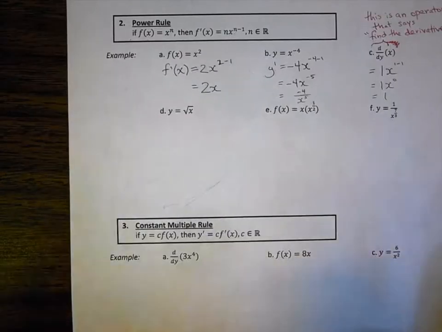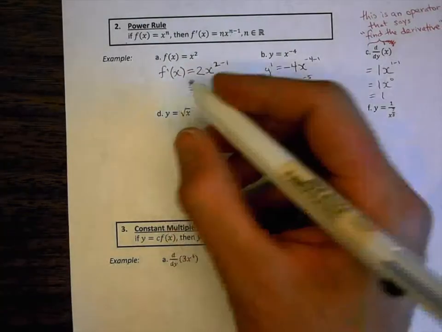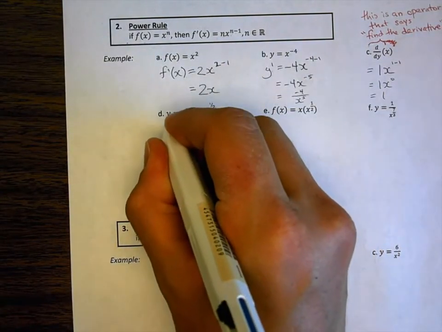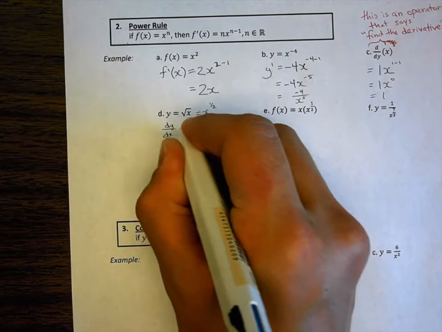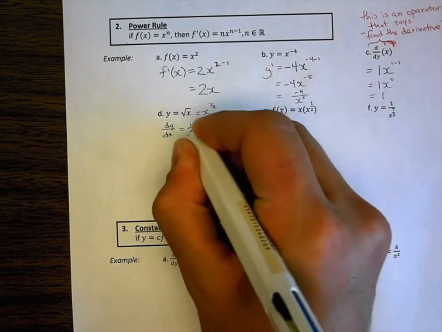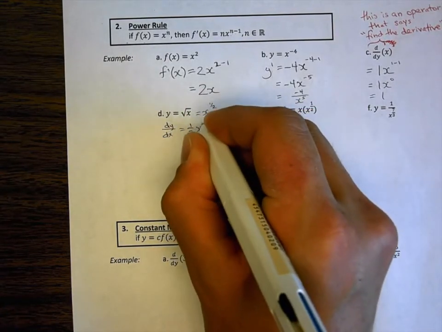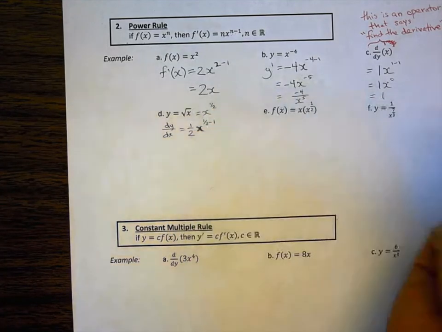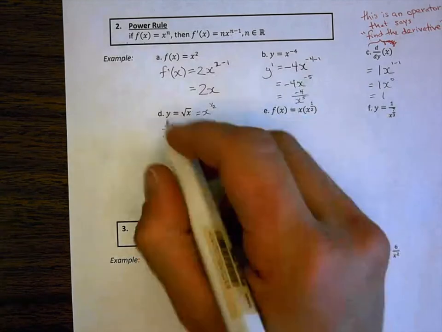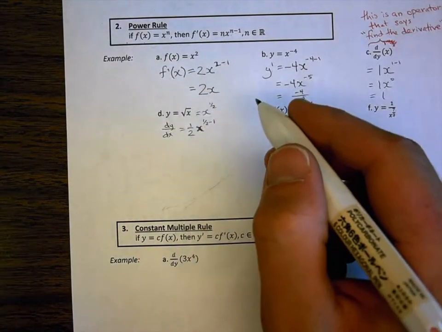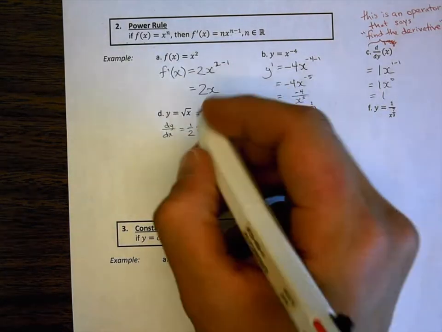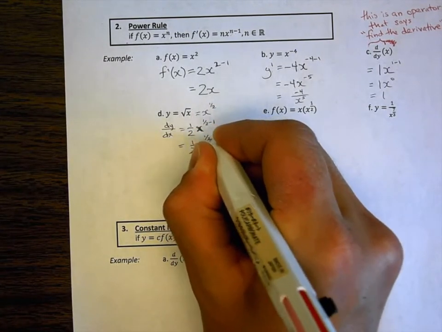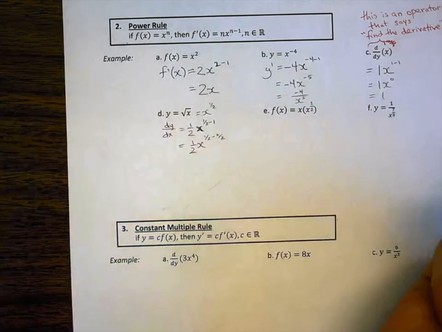Okay, let's do this next question. First of all, I don't like square roots, so I'm going to rewrite this as x to the half. Okay, let's find dy dx, or in other words, the derivative. So I bring half down, then I take my exponent, and I subtract 1. Now see how it's useful to write the step out? Because now I can be more methodical about my math. It's getting a little difficult. This is actually x to the half minus 2 over 2.